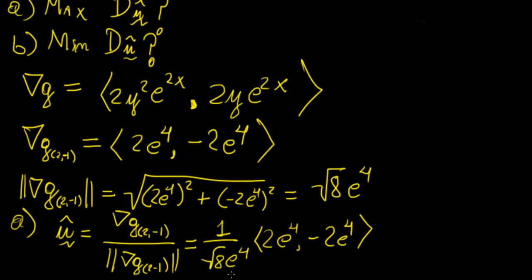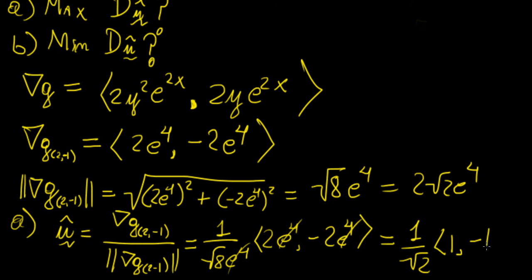And then we can simplify this by cancelling these terms out, and in the end we're going to get 1 over square root of 2, because we can reduce this to 2 square root of 2 e to the 4. So this is (1, -1). So that's going to be the direction in which this maximum occurs.